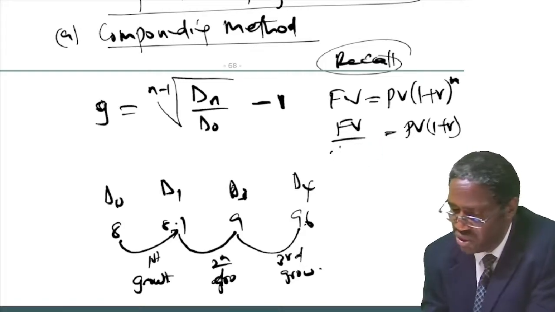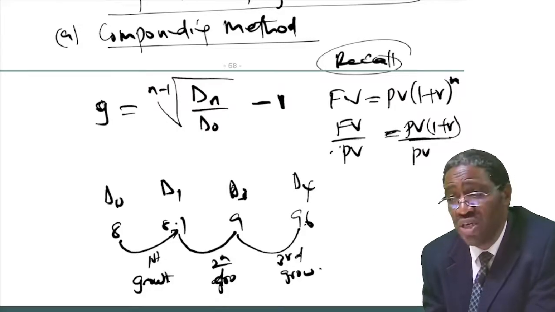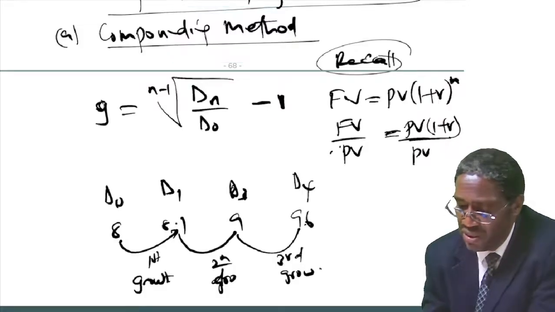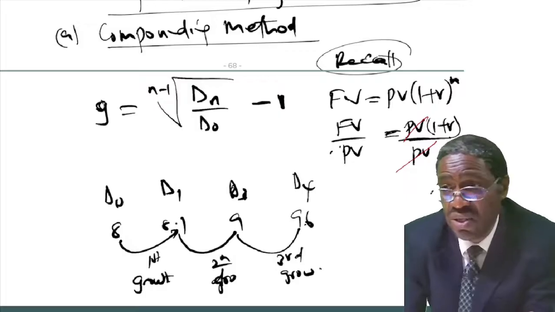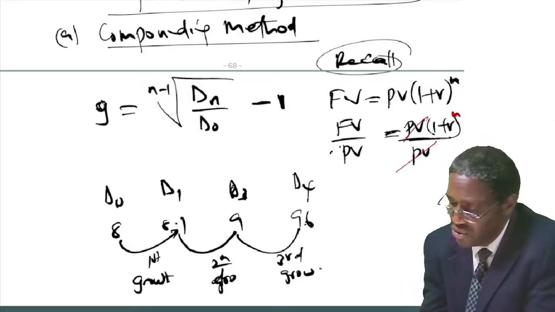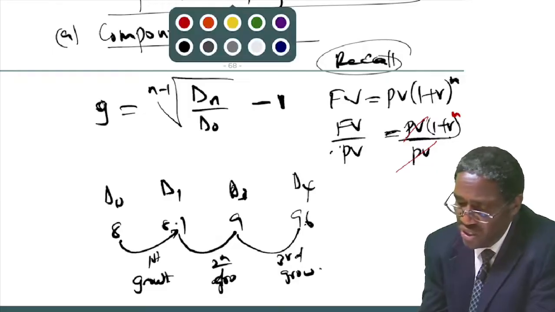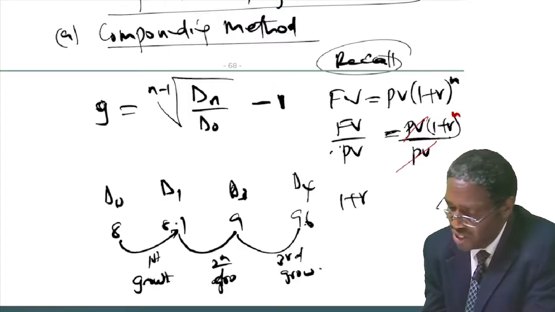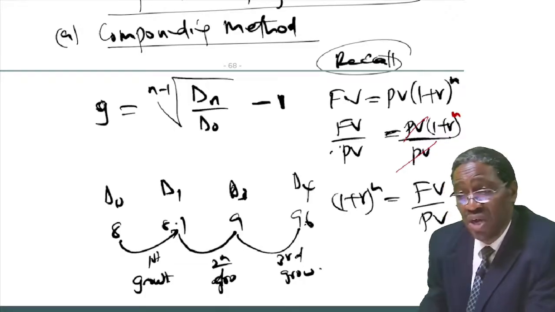I'm dividing both sides by PV. So I divide this also by PV. So my PV on the right side will cancel against the PV there. This is power n. So this will now leave me with 1 plus r power of n is equal to FV divided by PV. Are you following?